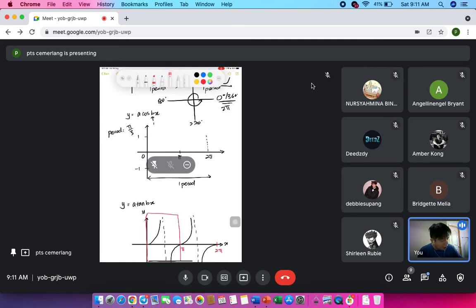Bila you draw your cos, one period kat sini adalah pi over 3. So this is one period. Tapi full turn untuk cos mesti 2 pi. The full turn must be 2 pi.